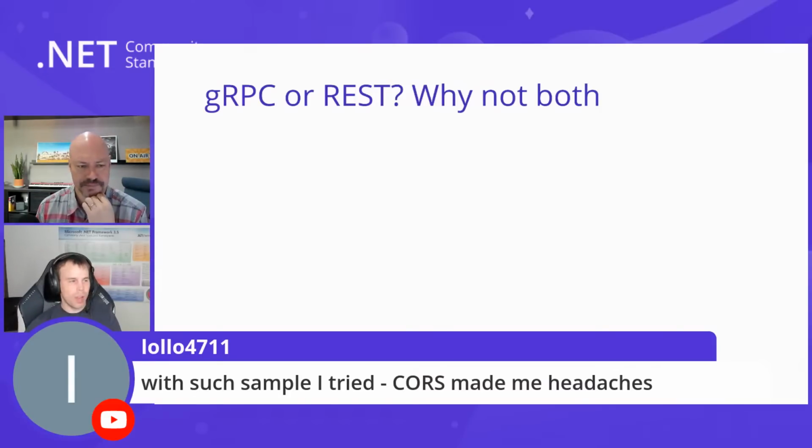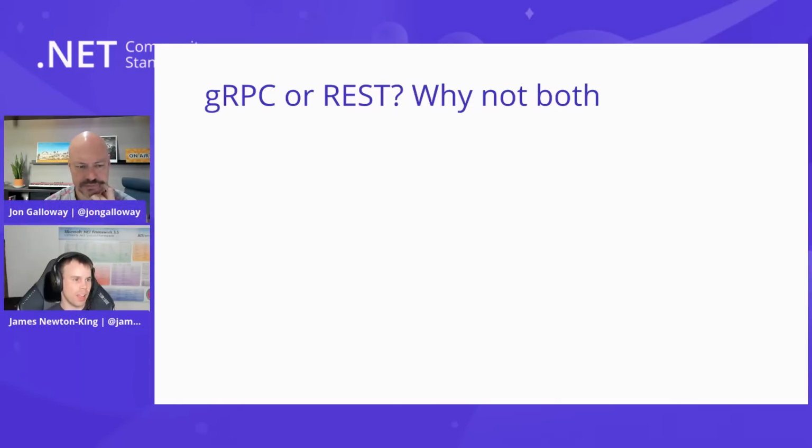Your application is just an ASP.NET Core application. It's got gRPC as usual. It's got an endpoint as usual. That endpoint is talking JSON. You can call it from a browser. You can configure CORS on it as usual.